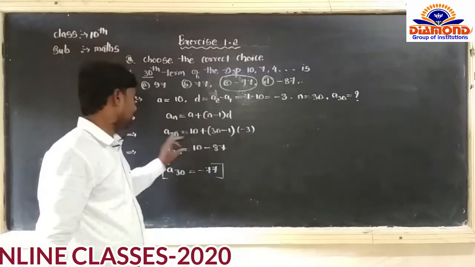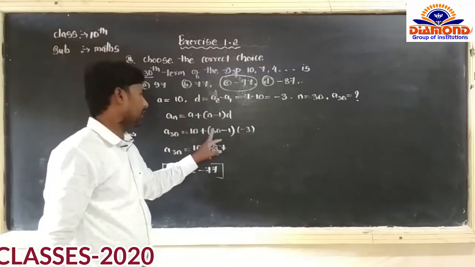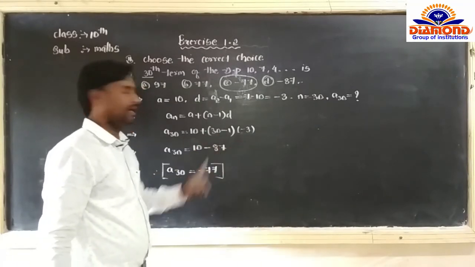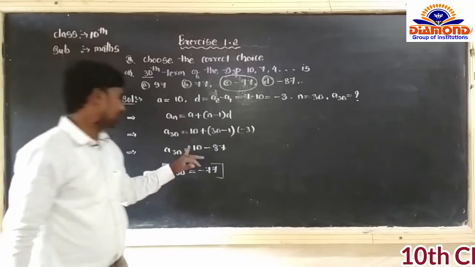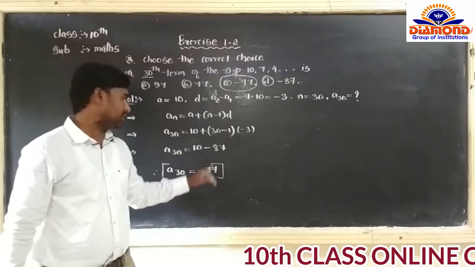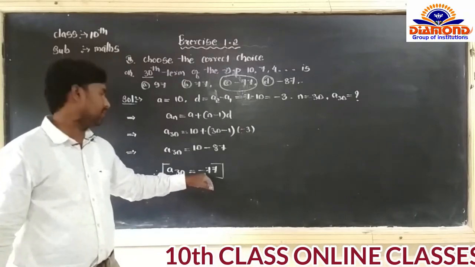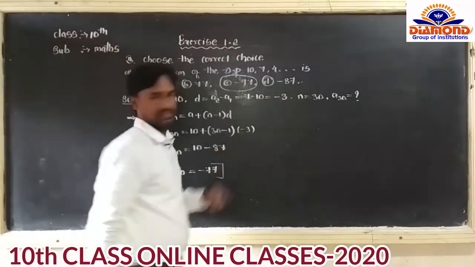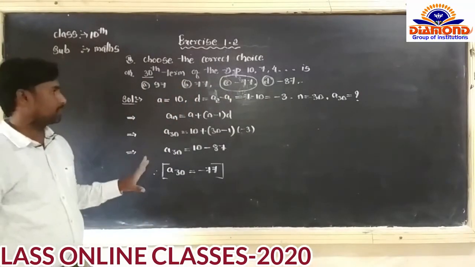Next a30 equal to 10 as it is, plus 29, plus into minus, minus 29 threes are 87. Next step, plus 10 minus 87 is equal to minus 77, dear students. Which option is correct here? Option C is correct. Okay, I thought you understood very well.